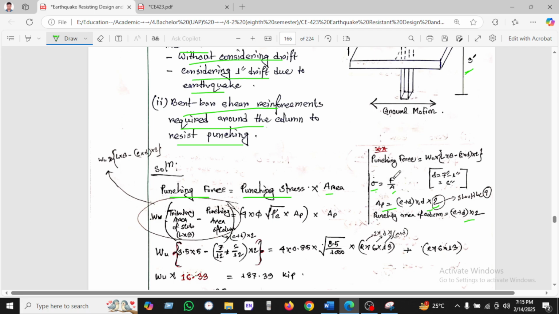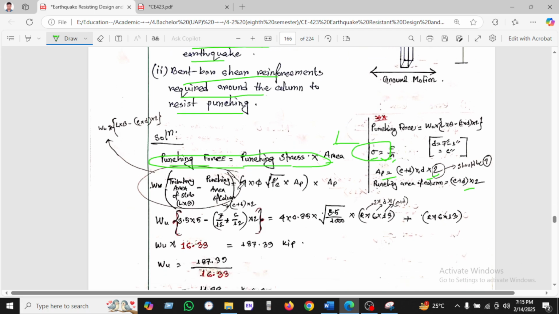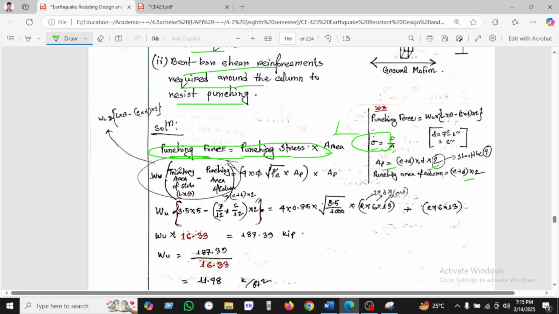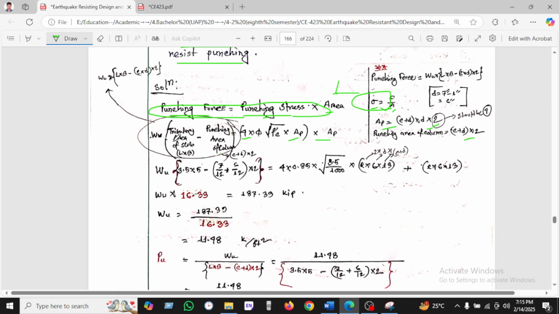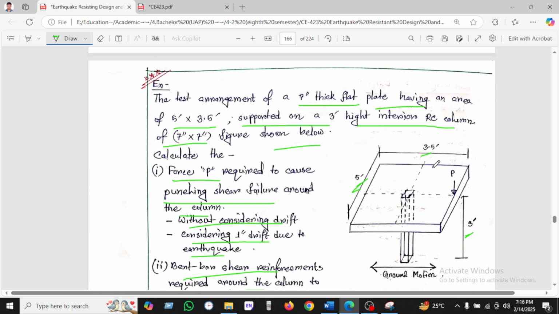As we know the stress is force per area, that's why we can use this formula from the basic. And the punching force is tributary area into punching stress, and we know 4 into the reference AP here into area into AP. And we can see here we can use the tributary area 3.5 into 5. This is the 5 and 3.5.